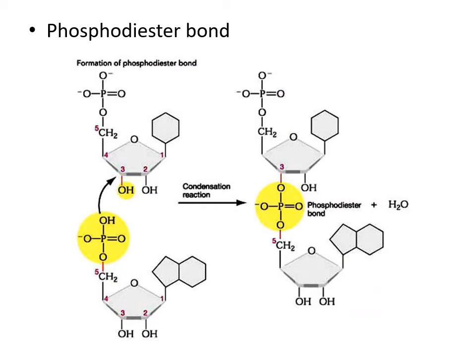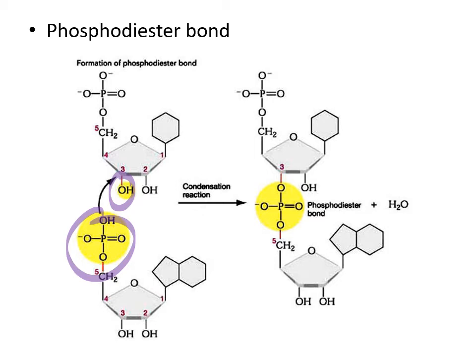The bond that holds these nucleotides together to build this chain of nucleic acids that is your DNA is a phosphodiester bond, and it's going to be using the phosphate group of the nucleotide and the hydroxyl group of the sugar, and it's on carbon 3, because remember, DNA doesn't have a hydroxyl group on carbon number 2, so it wouldn't work with carbon number 2 for DNA.